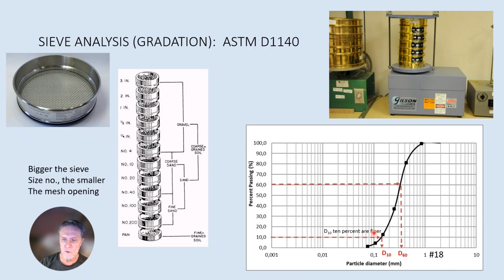Okay, and you go through each sieve and you determine how much soil is left, or how much soil has passed through each respective sieve, and you come up with a curve. And then you take points on the graph and you determine what type of soil it is based on its particle size distribution.